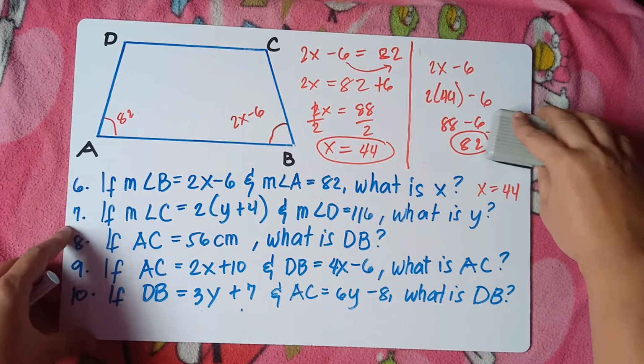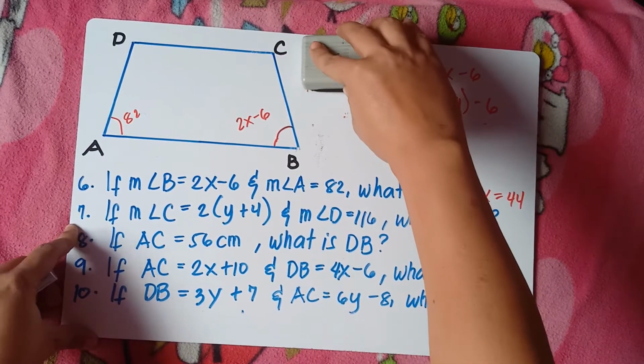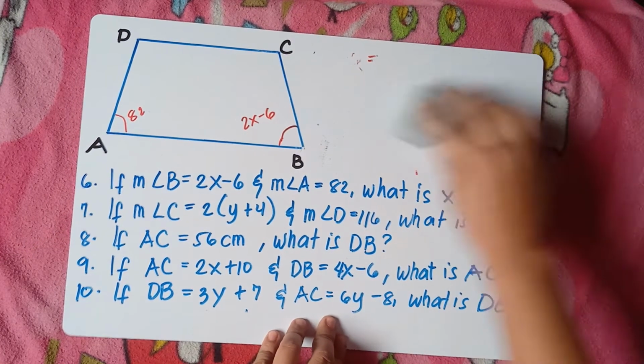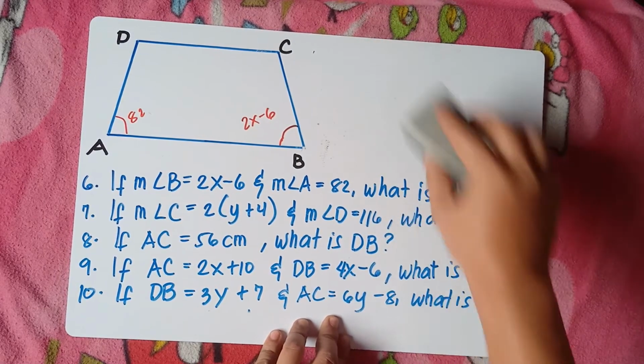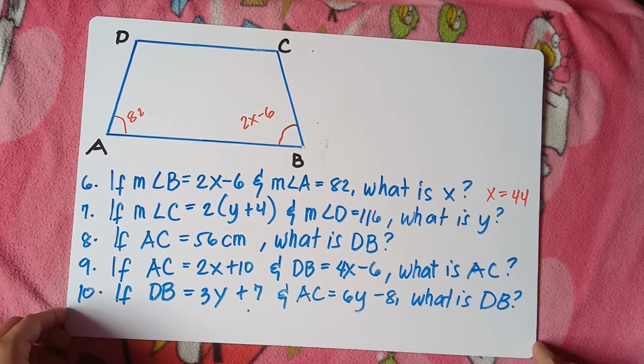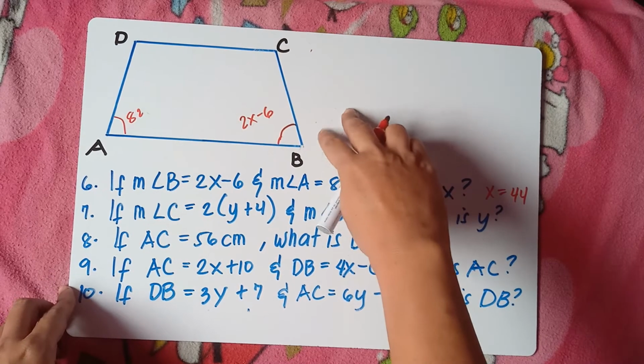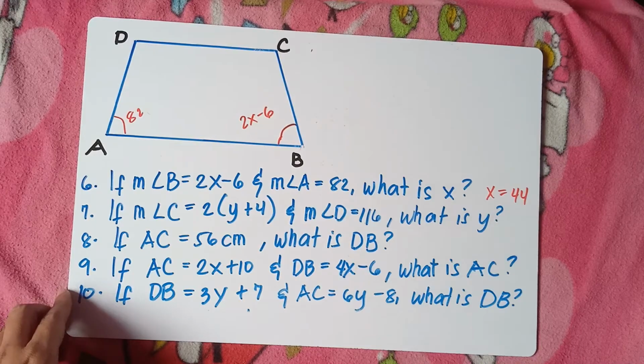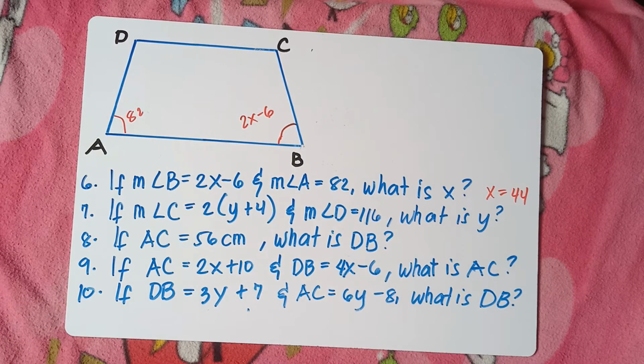This one, number 7. If angle C is equal to 2 quantity y plus 4, and angle D is equal to 116, what is the measure of angle y?